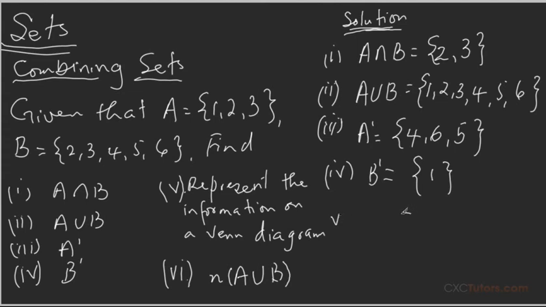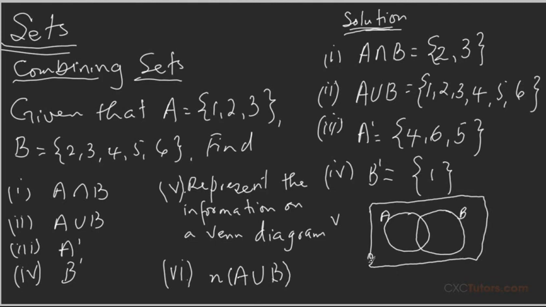what we will do, we have to have our set A, that is our set A, and then we have our set B, but remember we're going to have intersecting sets because we have common elements for both sets A and B. Now if you look at the intersection that we had up here before, we had 2 and 3, so the numbers 2 and 3, they go here.